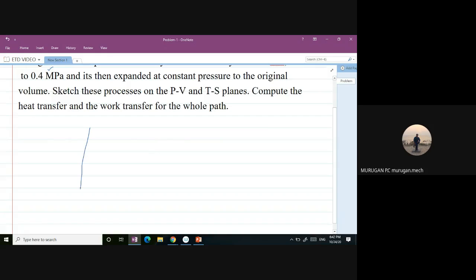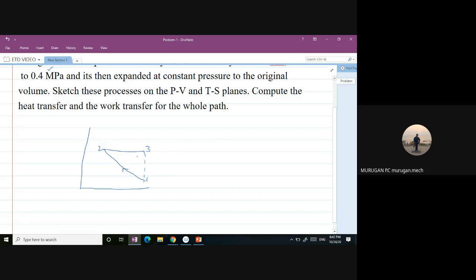First let us draw the PV and TS planes. So this is the typical process, with points 1, 2, and 3.